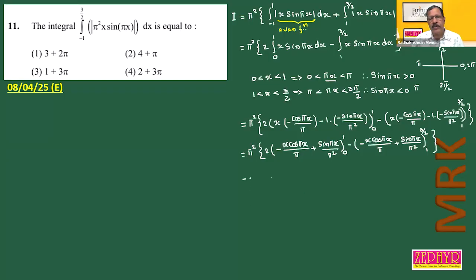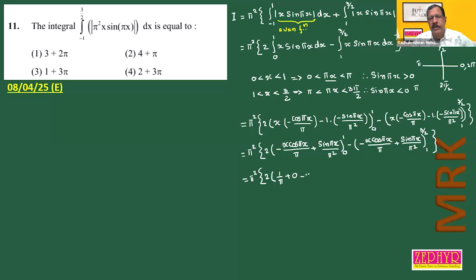So which is equal to pi squared into 2 into. When we put x is equal to 1, 1 into cos pi is -1. So you are getting 1 by pi. Then when you put x is equal to 1, sin pi is 0. Okay. When you put x is equal to 0, first term and second term both are 0.